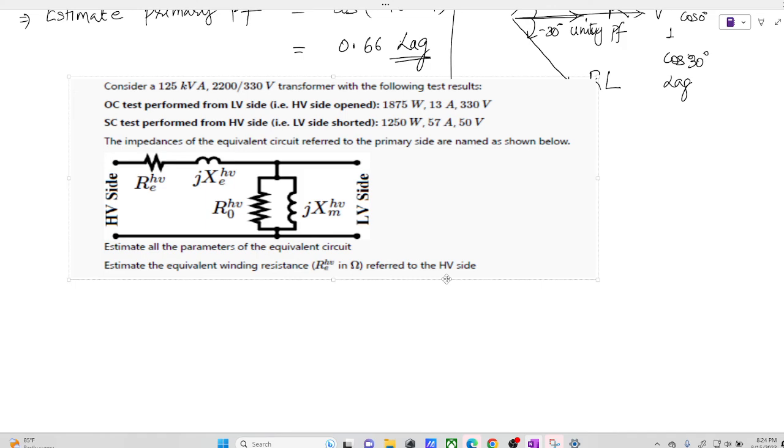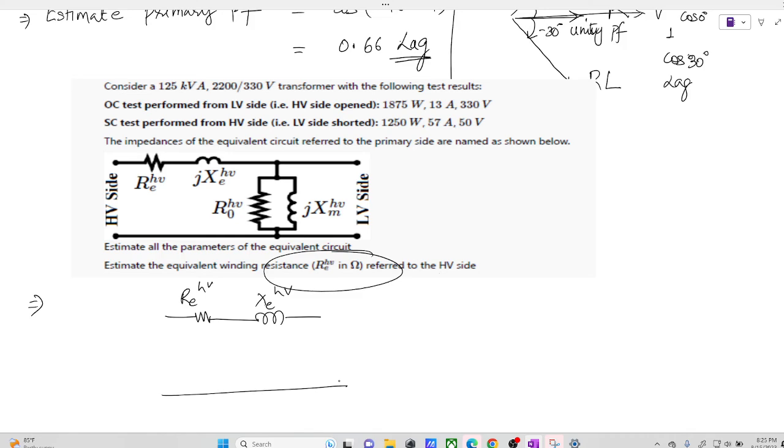First let me see. They have asked for the equivalent winding resistance referred to the high voltage side. That means this is obtained from the series parameters RE HV and XE HV, which are calculated under the short circuit test.